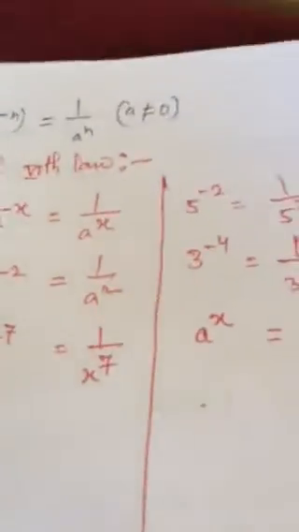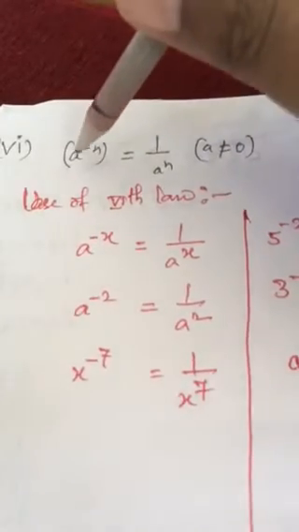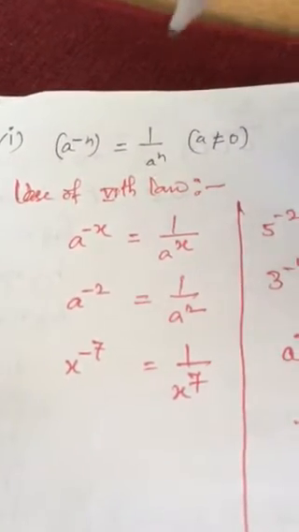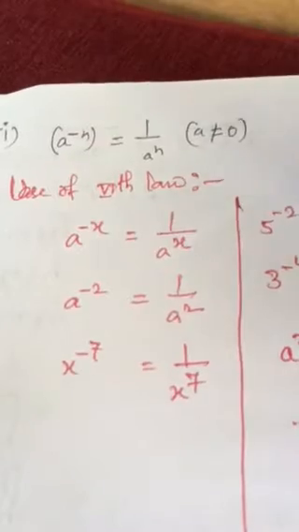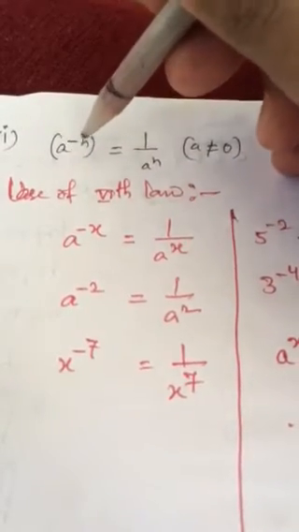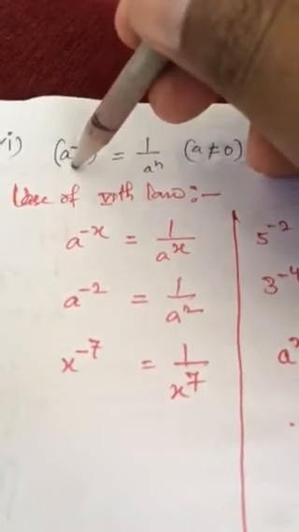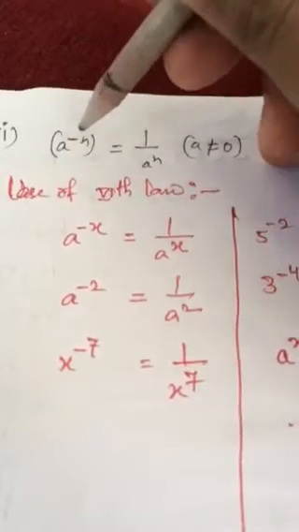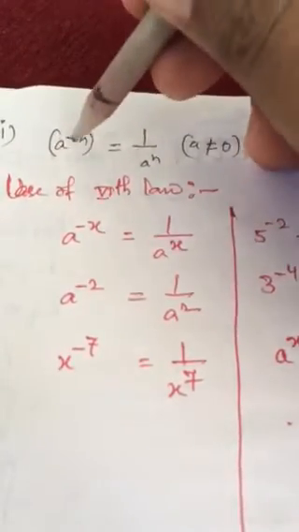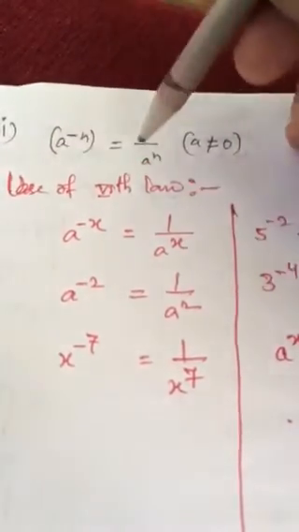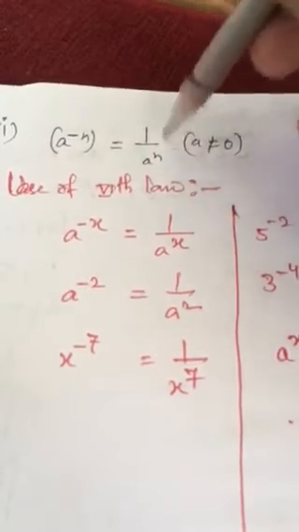Now we will see the sixth law of indices. Okay, the sixth law of indices. Here you see, it is very, very important. Okay, very useful also. You have to understand, negative power of any base is always written in the form of a fraction, in 1 by form.